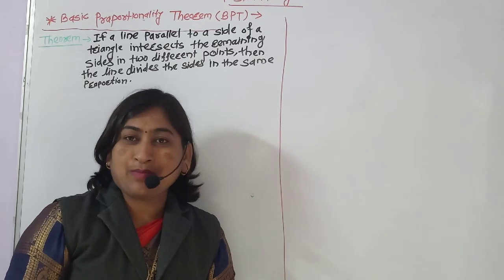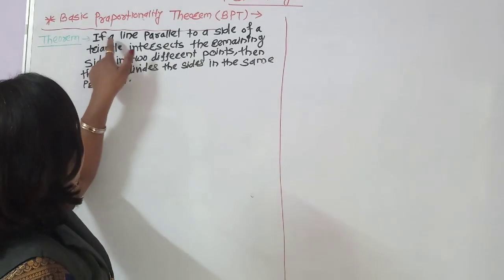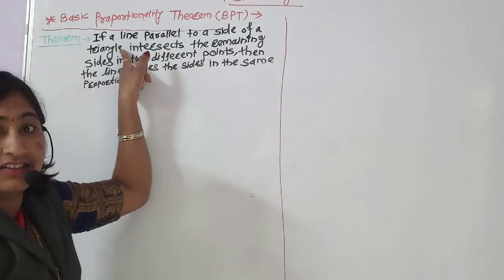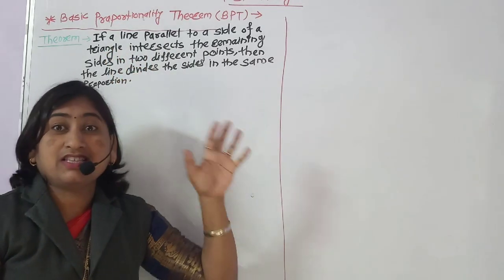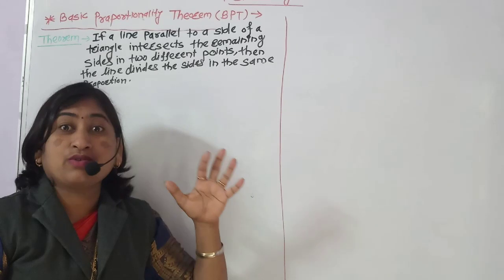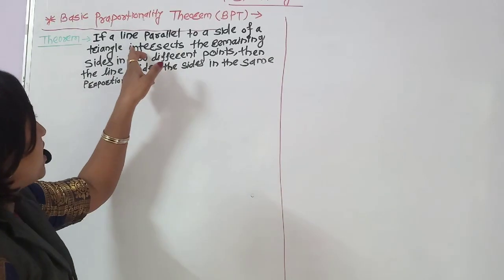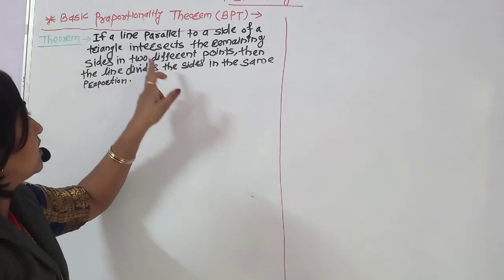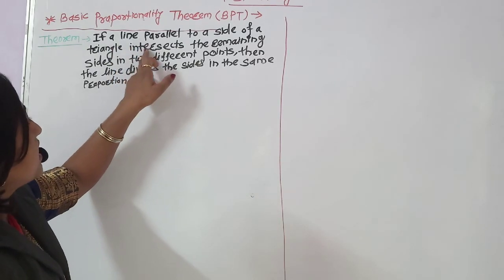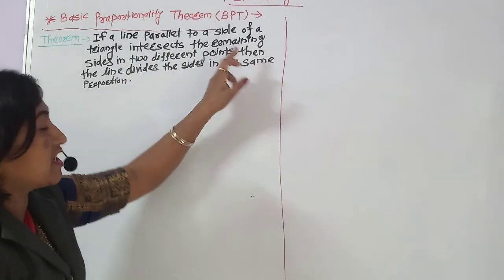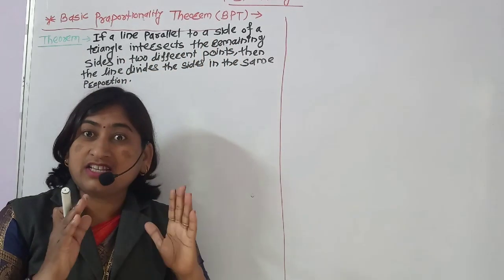The statement of this basic proportionality theorem is: if a line is parallel to a side of a triangle, that means in this theorem first we have to draw the triangle. We have got the idea about that triangle. Then it intersects the remaining sides in two different points. That means in a triangle there are three sides.